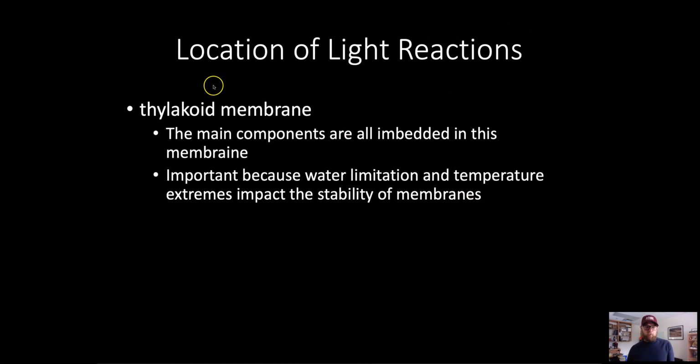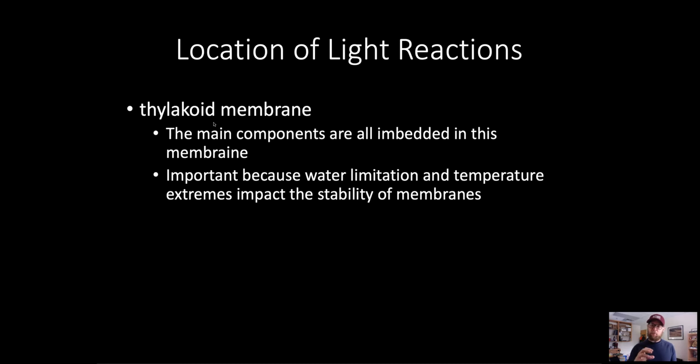All right, so an important component is that thylakoid membrane. All of the components of the light reactions that we're going to talk about in just a second are embedded in this membrane. That's really important because membranes are fairly sensitive to environmental conditions. Water limitation or temperature extremes in particular really affect the ability of a membrane to stay structurally sound or robust.